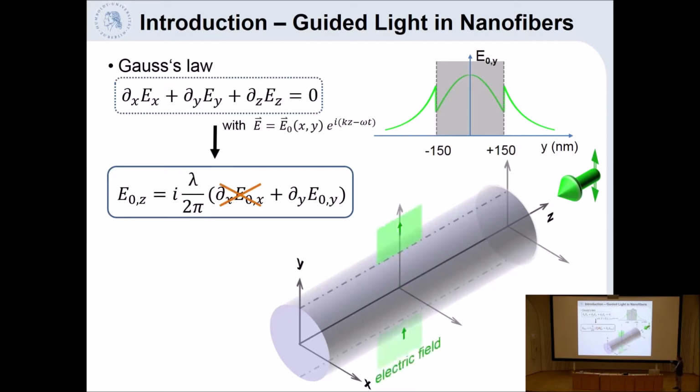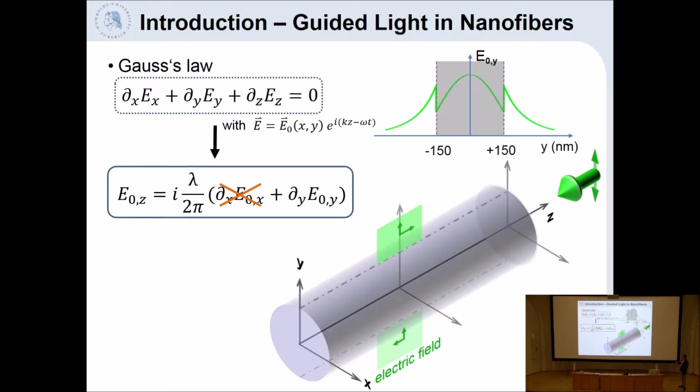So in addition, when I send such a light field in and I look on top or below the fiber, in addition to this linear transverse component, I do get a longitudinal component, and this longitudinal component is proportional to the field gradient along y, so this is the vertical direction y, and of course the field gradient along y changes sign above and below the fiber. So that means that the sign of this longitudinal component is opposite above and below the fiber.